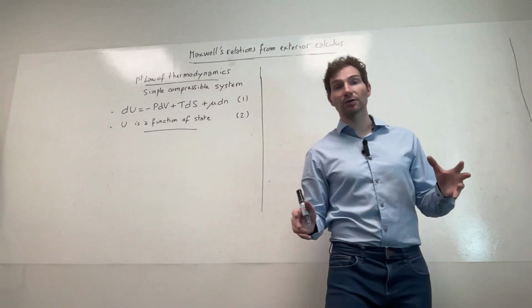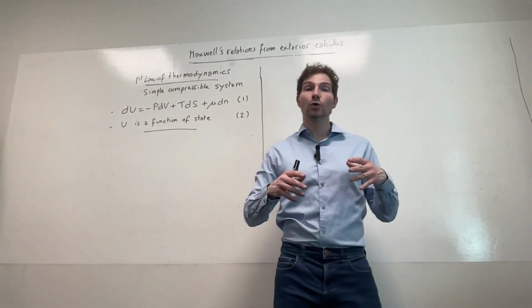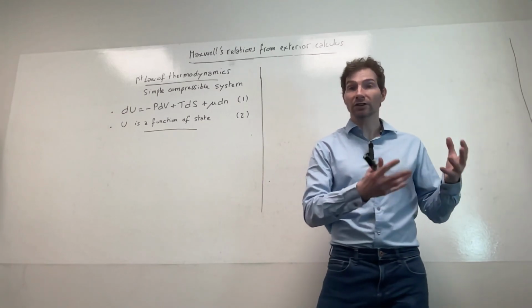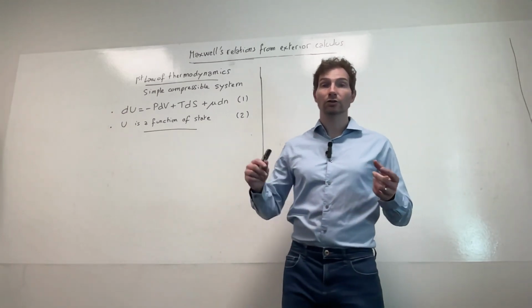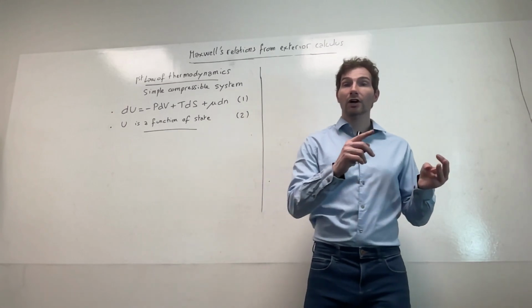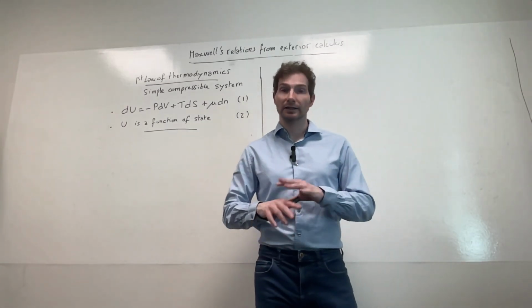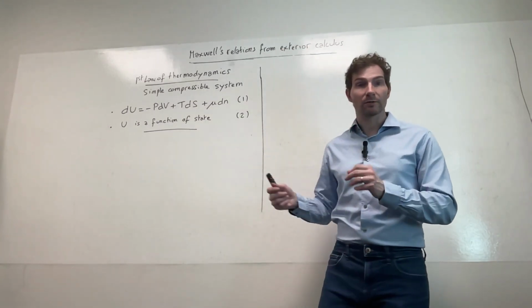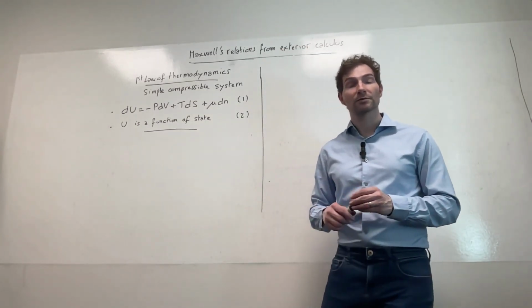So a simple compressible system is a system whose thermodynamic variables of interest to us are going to be pressure, temperature, amount of matter, and volume. And that's it. So these are basically so-called simple compressible systems.